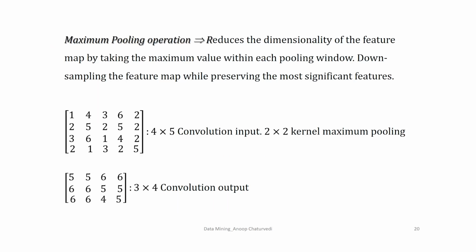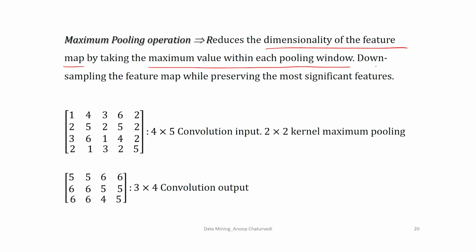Now, we consider the maximum pooling operation. Maximum pooling operation actually reduces the dimensionality of the feature map. And here we take the maximum value within each pooling window. And when we apply this maximum pooling operation, what does it do?